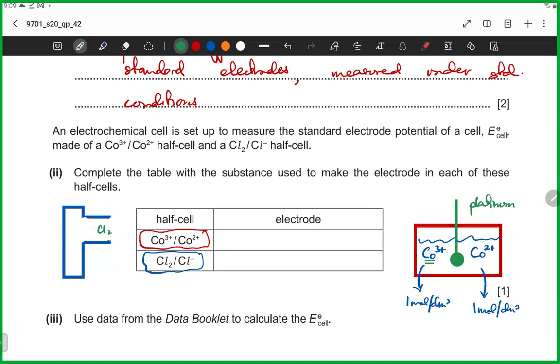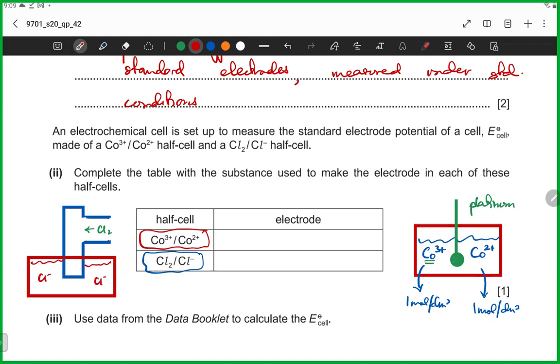That Cl2 gas is going to be pumped into it. And you've got Cl- ions. Cl- ions will be part of the solution. So this gas jar will be part of a solution, and that solution will have a lot of Cl- ions.